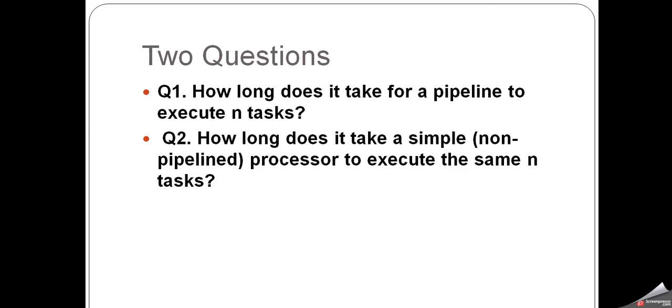So the 2 questions I'm going to ask you now: firstly, how long does it take for a pipeline to execute n tasks, supposing it has k stages? Secondly, how long does it take a simple non-pipelined processor to execute the same n tasks? And remember, the non-pipelined processor has got to perform k different things to get a result.